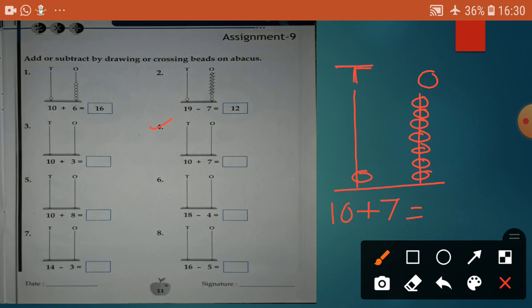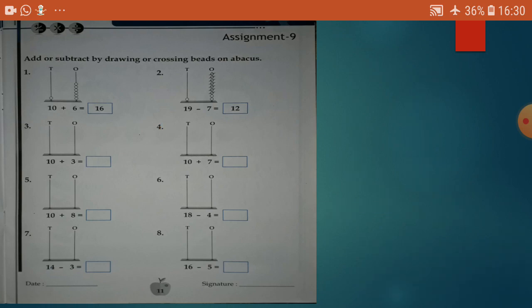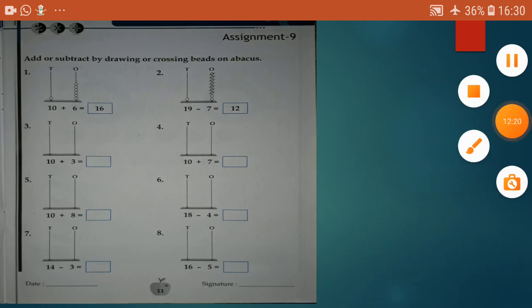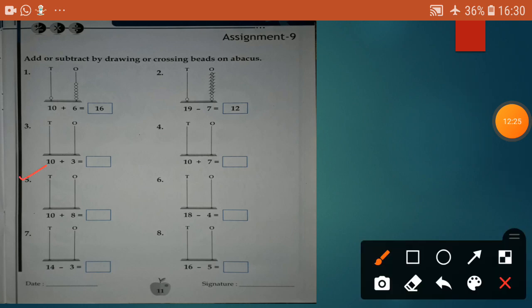So the total is 17. Question 5 also, tens and ones.